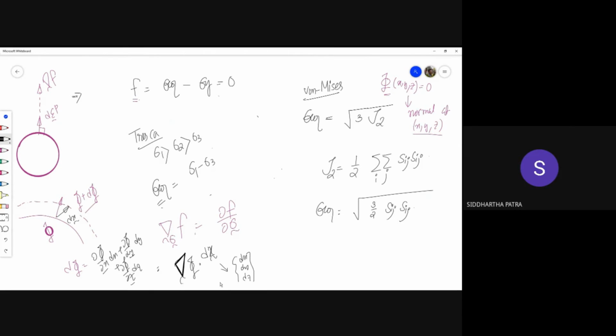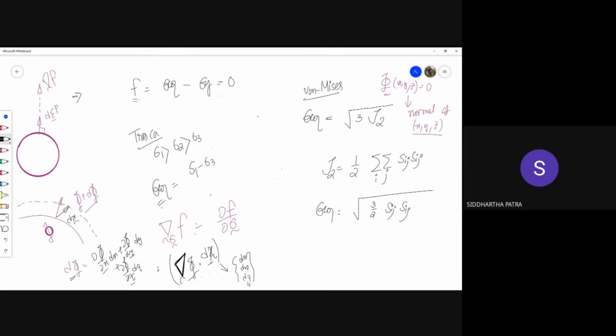Keeping the magnitude of dx, dy, dz the same, you get the maximum value of change of d phi when your dx is aligned with gradient of phi. You get the maximum value when these two are aligned, right? That is when you get the maximum dot product.